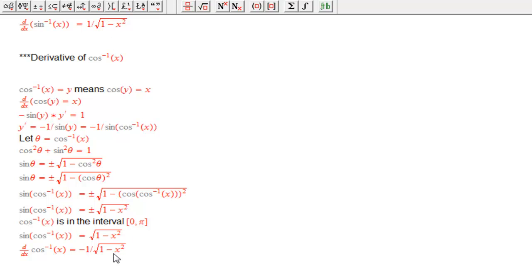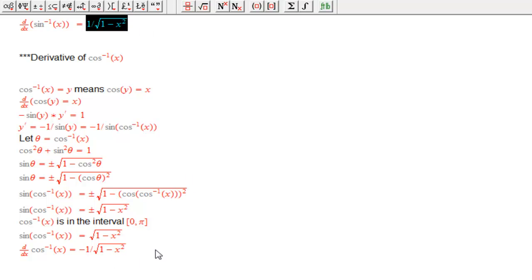If you have the integral of 1 over square root of 1 minus x squared, you could say that's negative inverse cosine of x. If you have the integral of negative 1 over square root of 1 minus x squared dx, you could say that's negative inverse sine of x plus c. I should have put plus c when I was talking about the other one too. So it turns out these are so similar that we usually only work with this one.